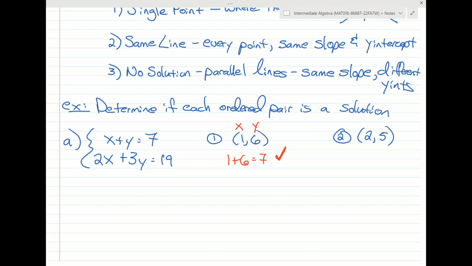Let's try the second equation: 2 times 1 plus 3 times 6. 2 plus 18 is not 19, so this is not a solution. It would be a solution if it worked in both.